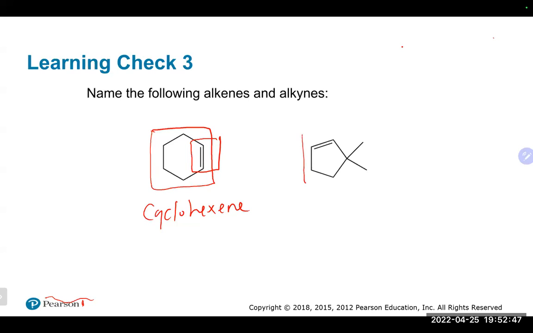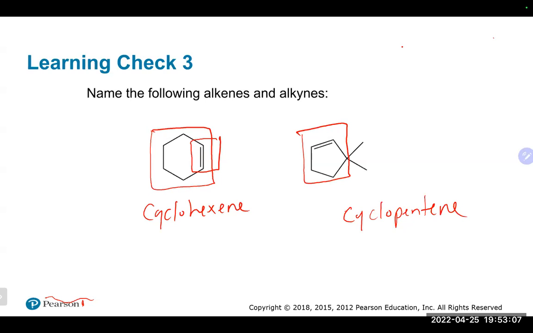Here, this would be our main part, and that also is a ring structure. And that is based off of 5, so that's cyclopentane. Once again, we have a double bond, so that's going to be cyclopentene, ENE.